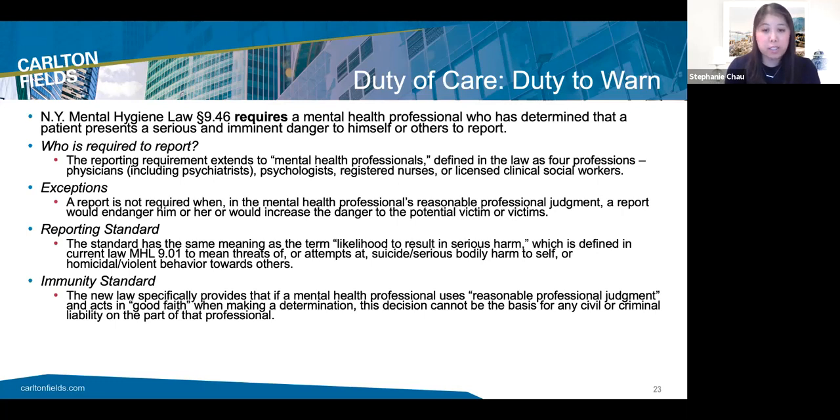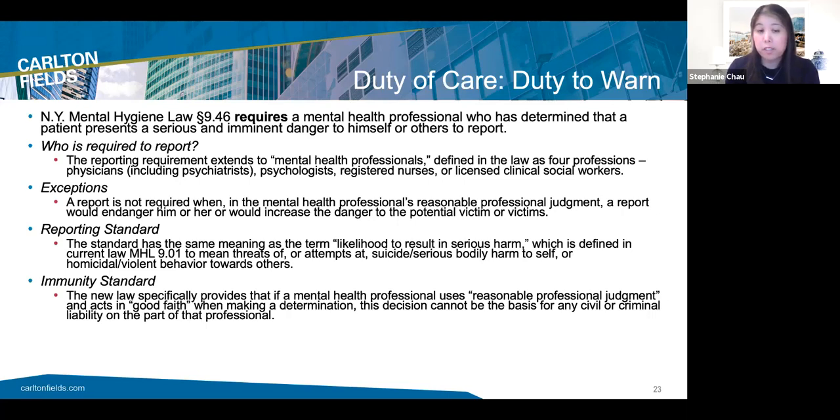And this section imposes a mandatory duty to report while protecting mental health professionals who discharge that duty in good faith from both civil and criminal liability. So some of the common questions are, who is required to report under the section, and it extends to mental health professionals defined as four professions: physicians, including psychiatrists, psychologists, registered nurses, or licensed clinical social workers.